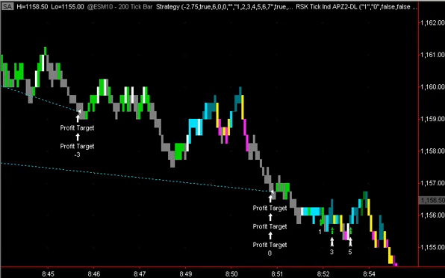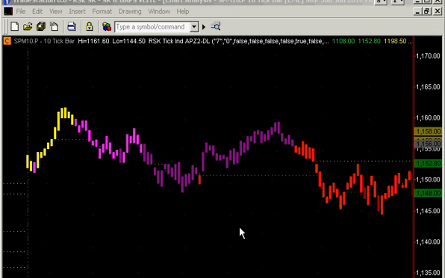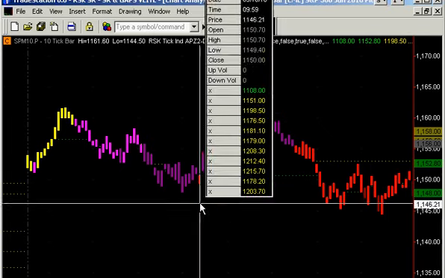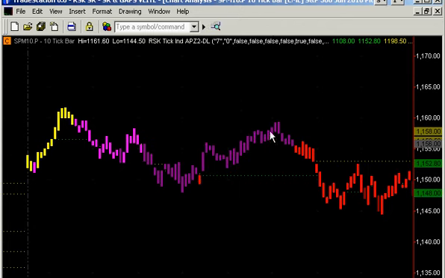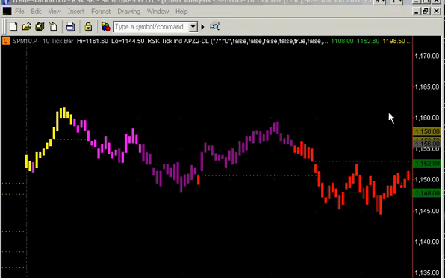Another opportunity would have been to short this rally, given that you had this gap below the market at approximately 1150.75. It's right at about 1150.75. So shorting it somewhere in here. Let's see where the strategy shorted it. And notice that's coming right into about 11 o'clock.